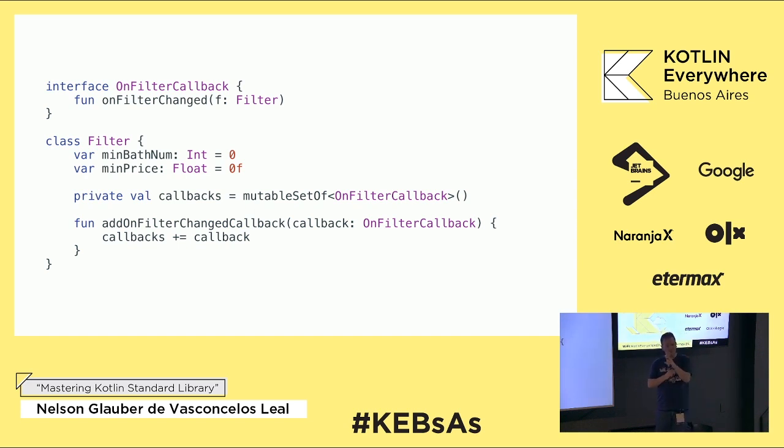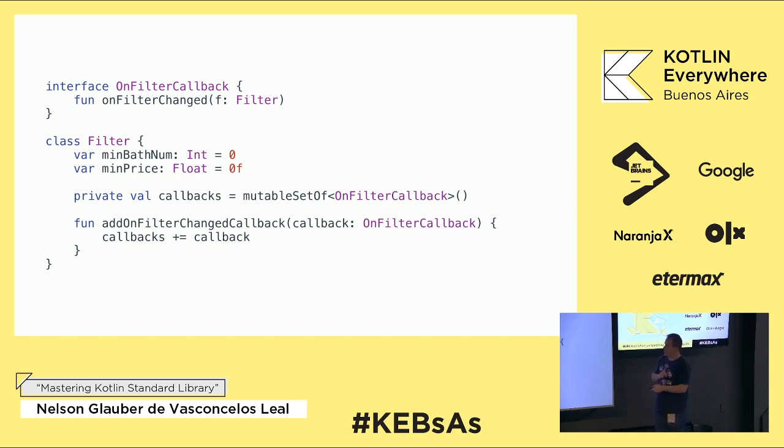And this filter object is shared across several UI components. And every time I change one filter property, I must update my UI component, and in some cases update the UI for some reason. Okay, so I just put two properties here, but imagine that you have 20.